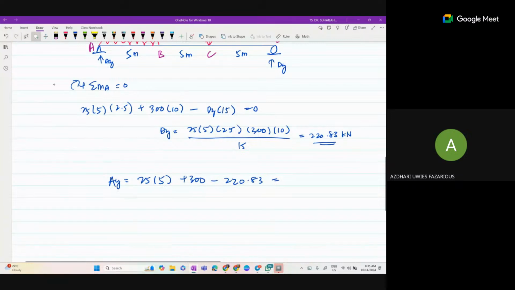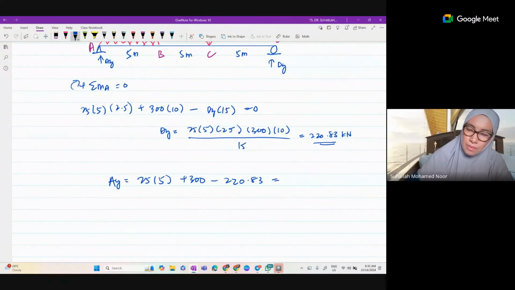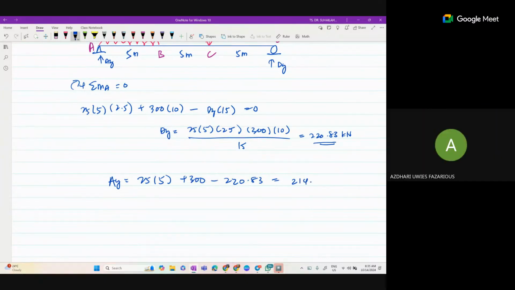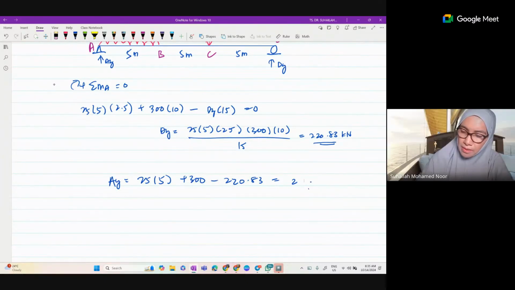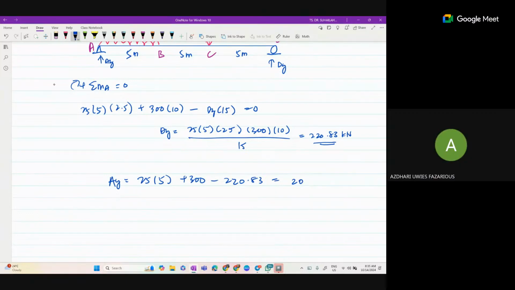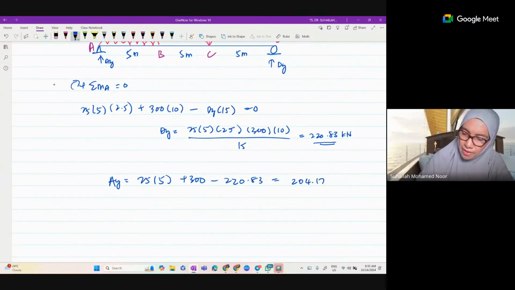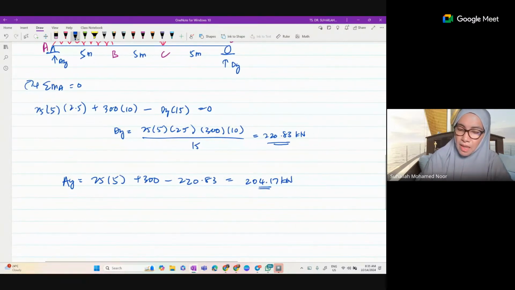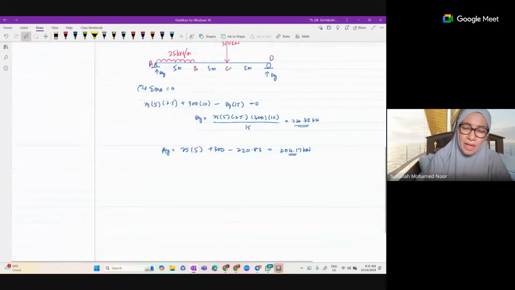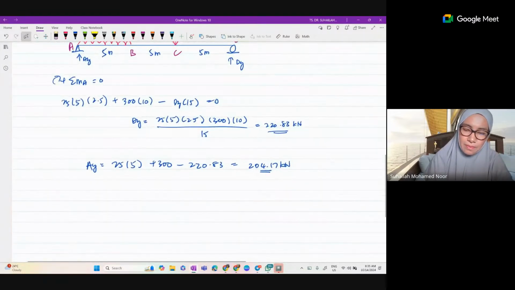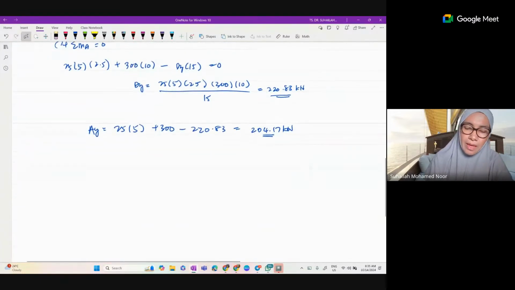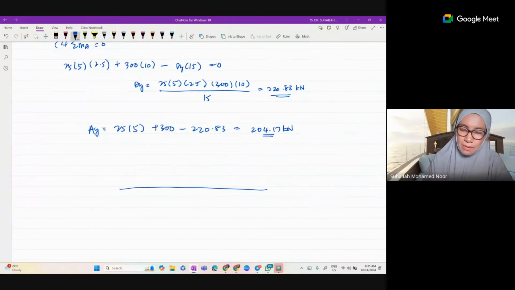204.17 kilonewton. Okay, so this is ay. It means that ay is 204.17.